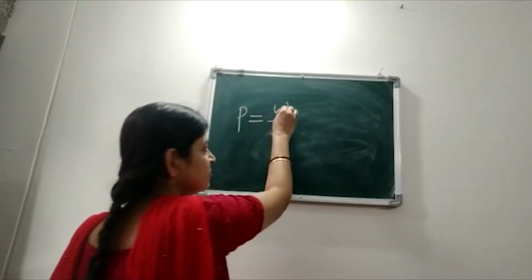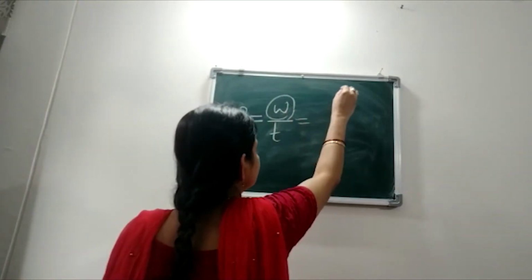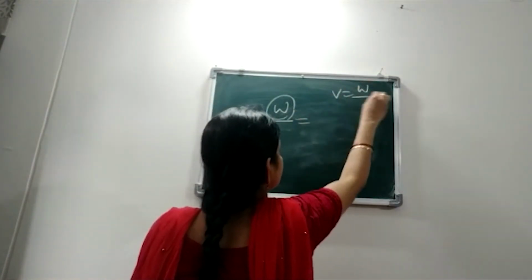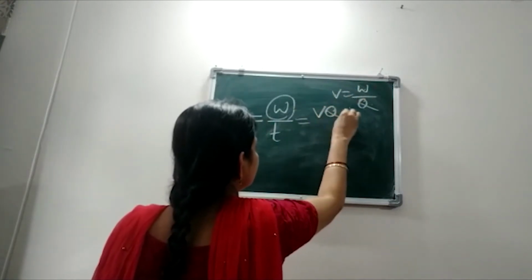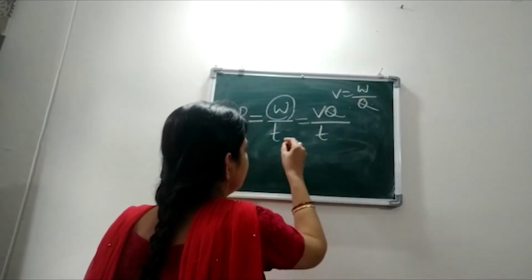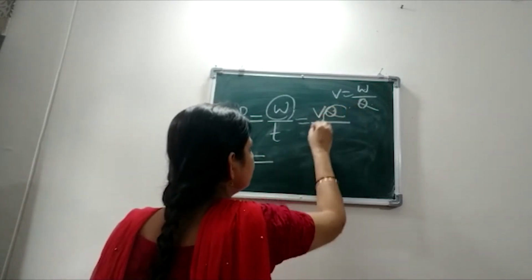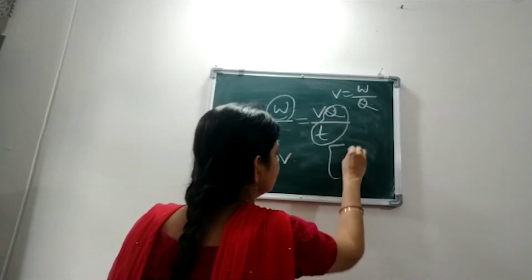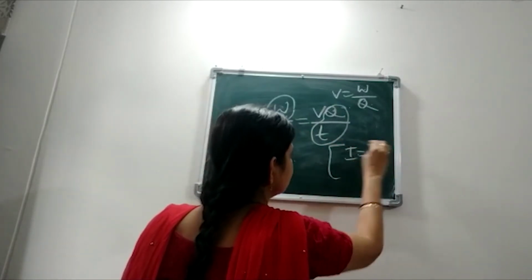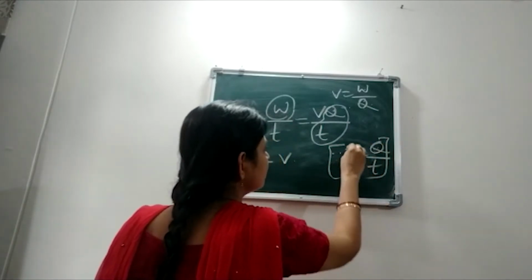So P is equal to W by T. Again we know V is equal to W by Q. So W is equal to V into Q. V into Q divided by T. Now we can write down P is equal to Q by T is equal to how much? I is equal to Q by T. Q is equal to IT.